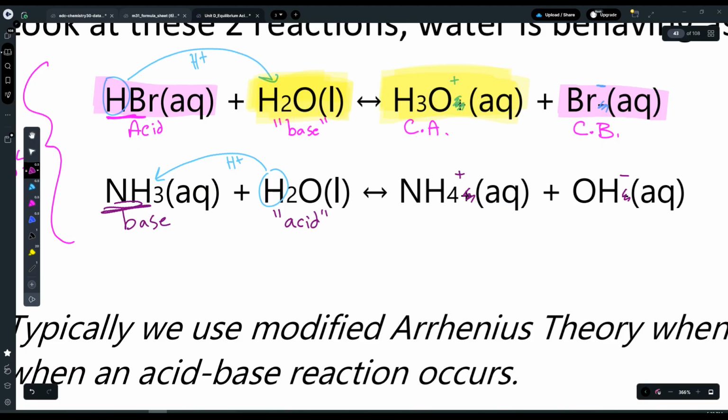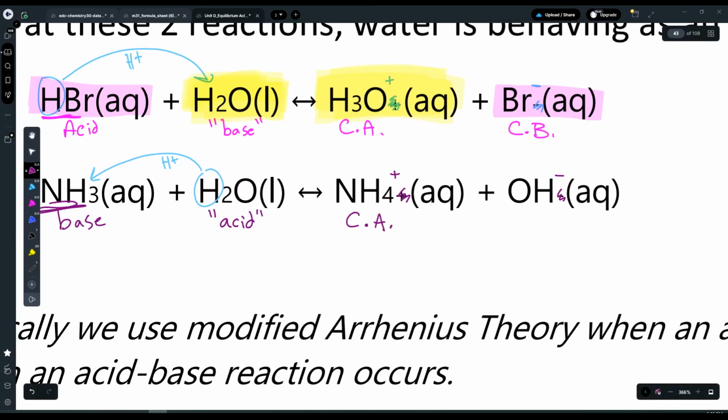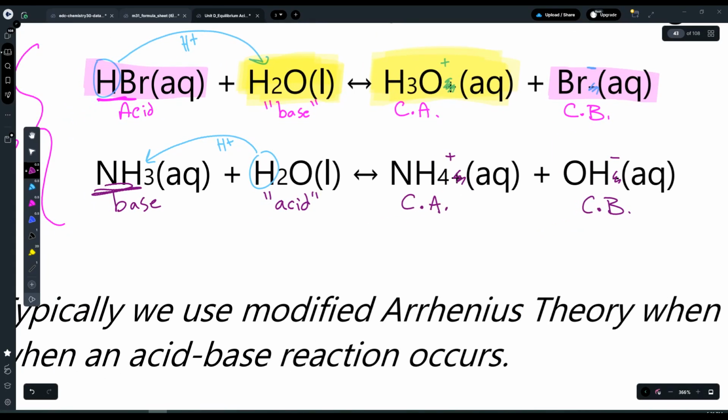So since ammonia is the base, NH4, or the ammonium ion, has to be the conjugate acid, because a base is always paired with a conjugate acid. And then for water, what looks most like water is the hydroxide ion. So since water is our quote-unquote acid, acids are always paired with conjugate bases.